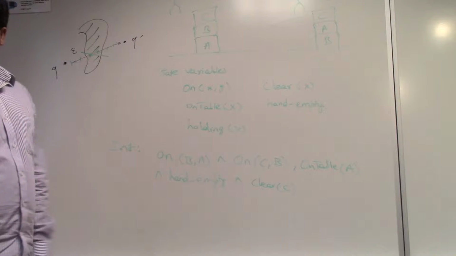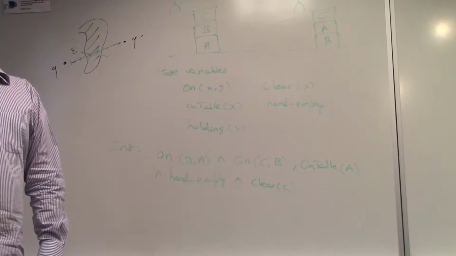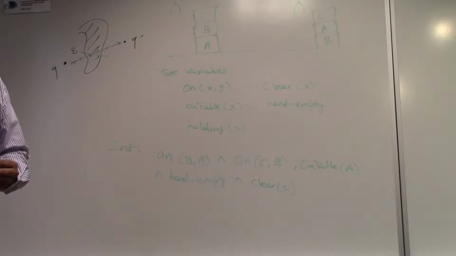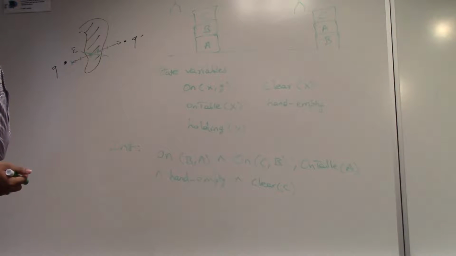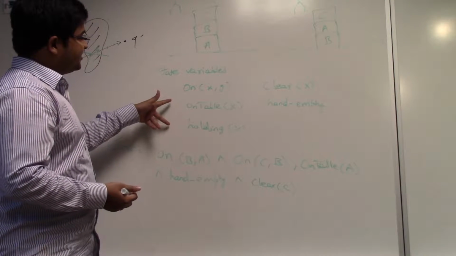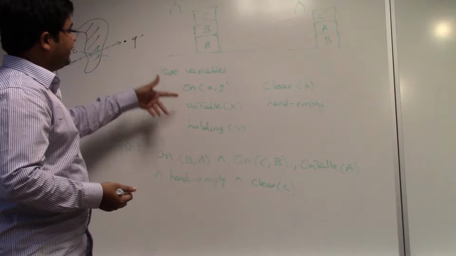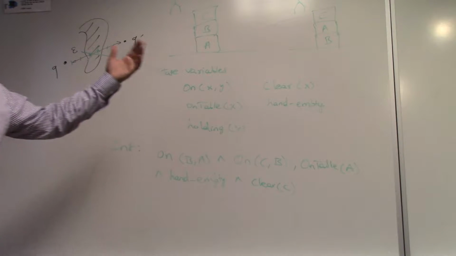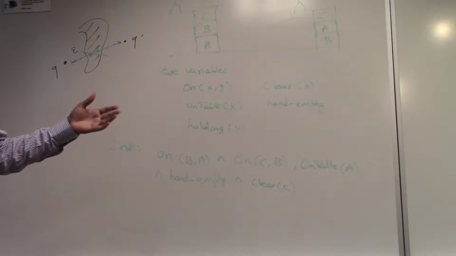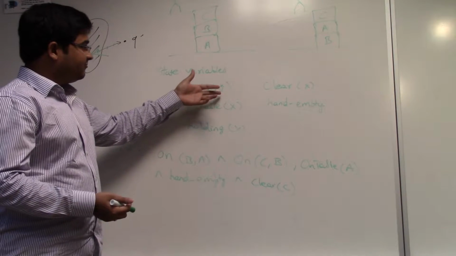One little question: why couldn't we have on X comma Y as a general predicate instead of on table X? Like we could write on table instead of Y. That is also possible. But basically here we want to differentiate between the table and another block, and types are not allowed in STRIPS, so we can't say what type Y is.